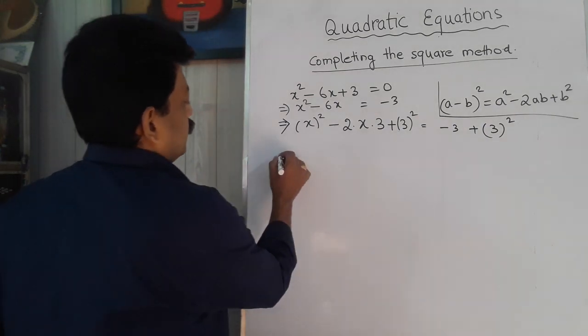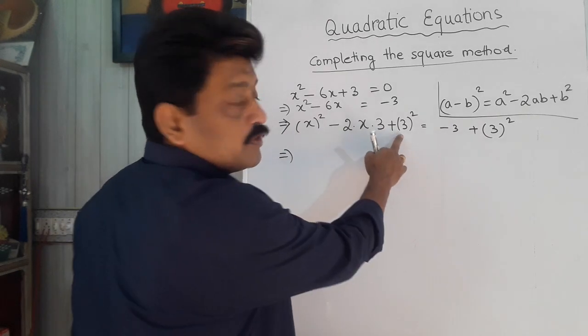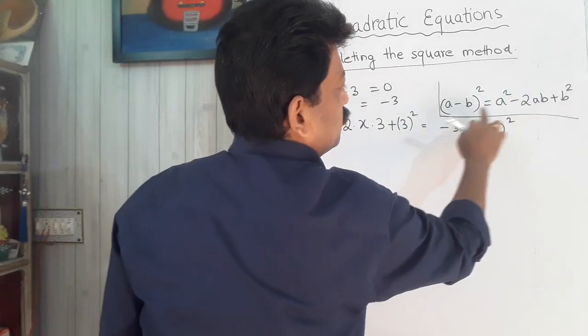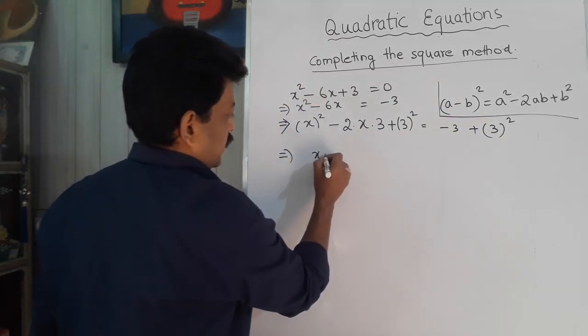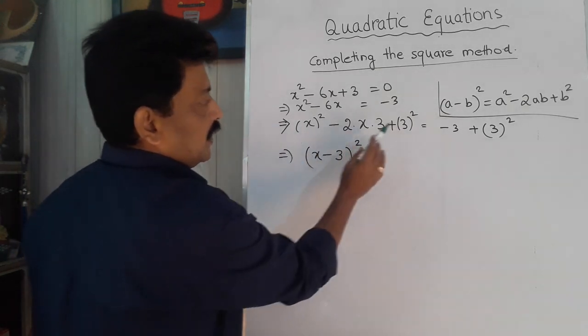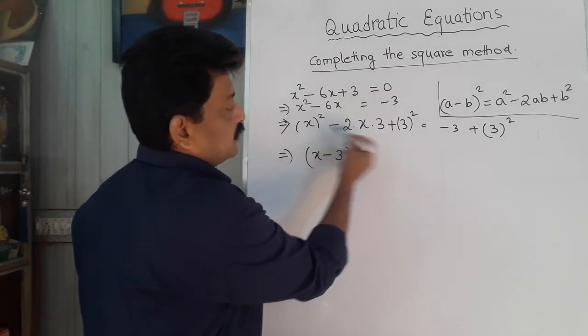Okay, now see, it is already in the form of a square minus 2ab plus b square. That means a minus b whole square. Here a is x and b is 3. Just compare it, it is matching or not.